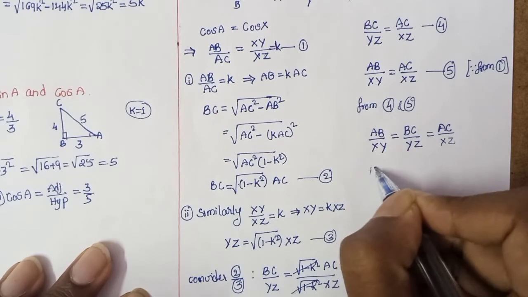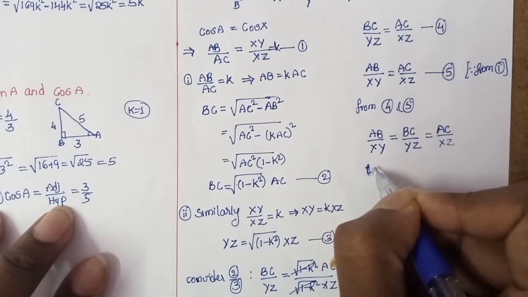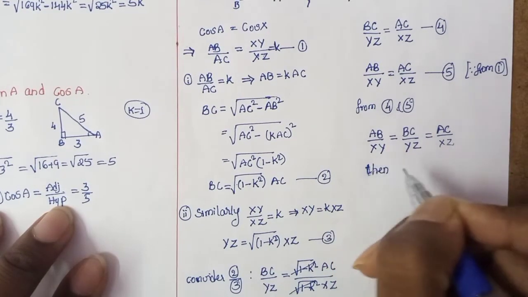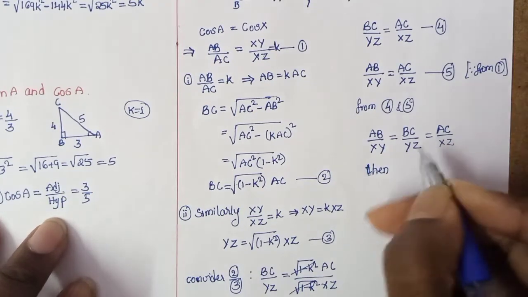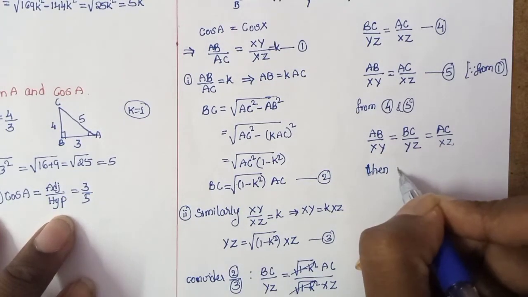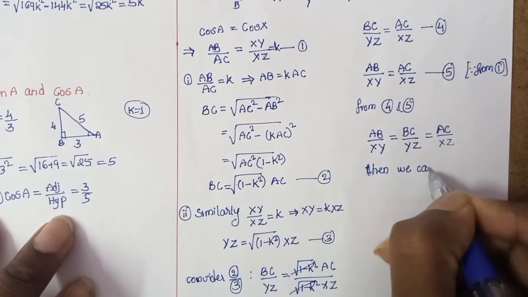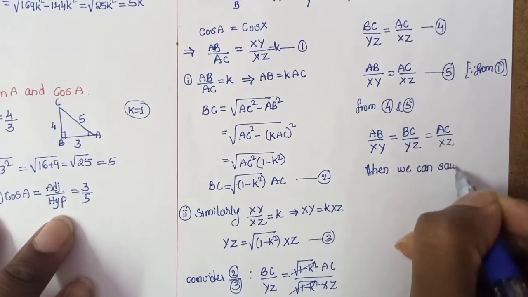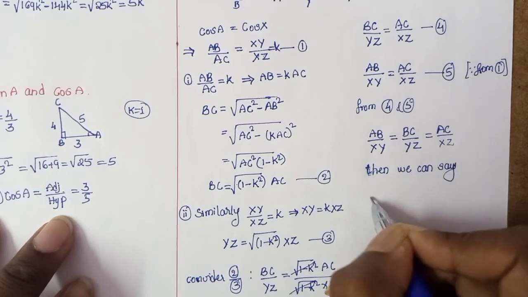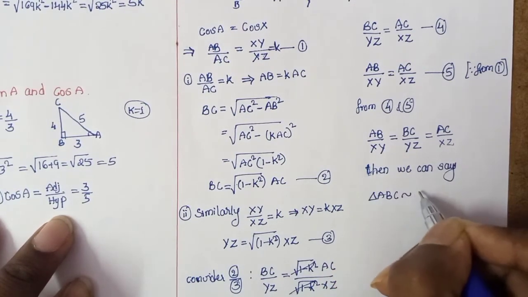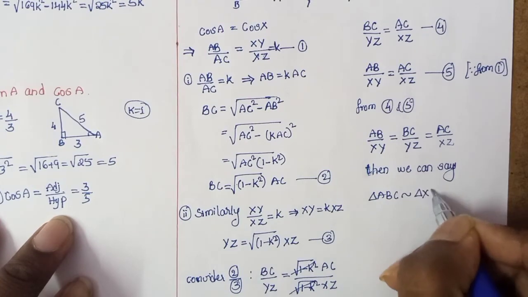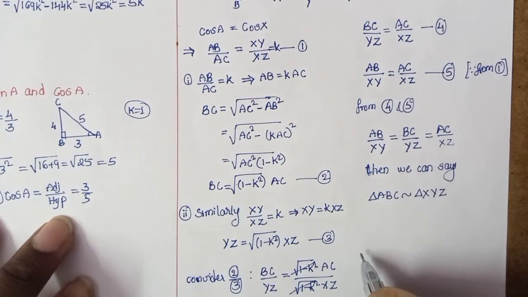Then we can say triangle ABC is similar to triangle XYZ.